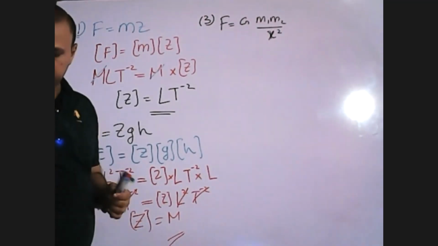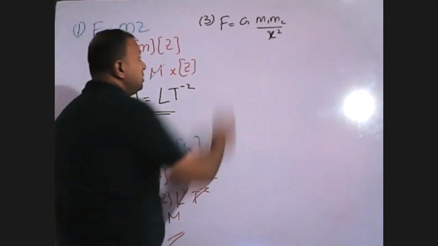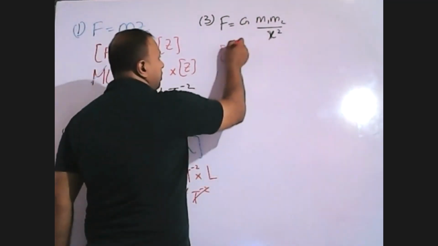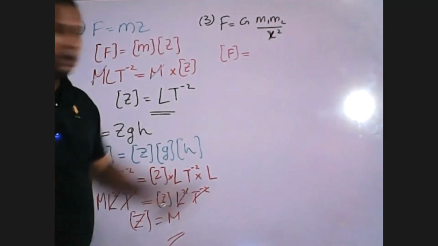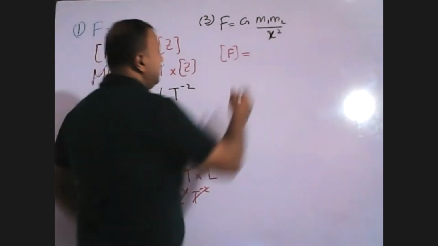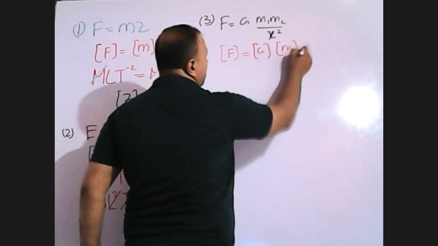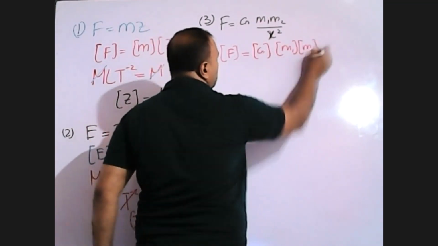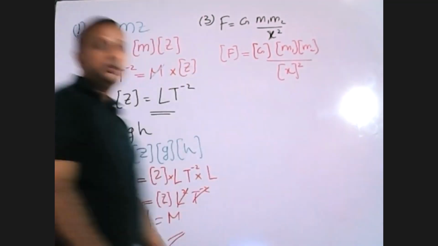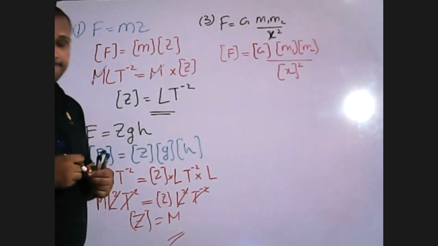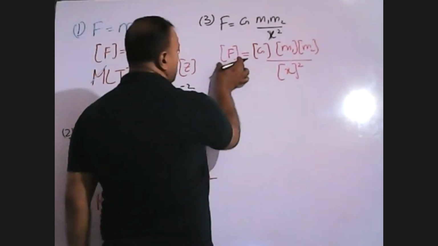X is a displacement. So the dimension of F is equal to the dimension of G into the dimension of M1 into the dimension of M2 over the dimension of X to the power 2. X to the power 2, okay?